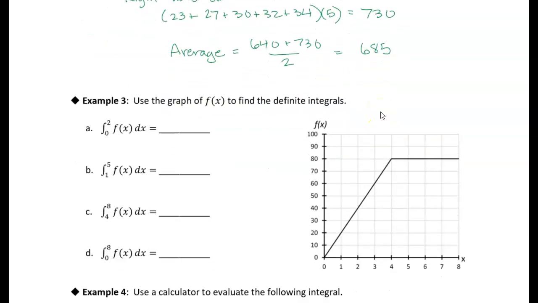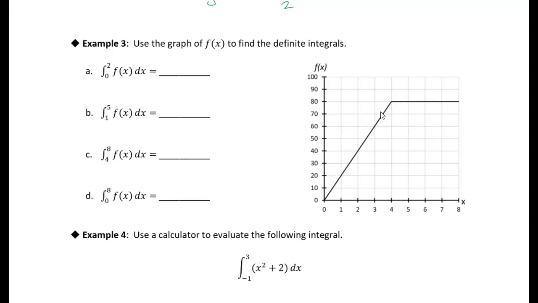Now this is going to look kind of familiar too, only now we're just using integral notation. We're given the function now as a graph instead of as data or even a function itself. We're asked to find, but in each case the limits of integration are different, right?